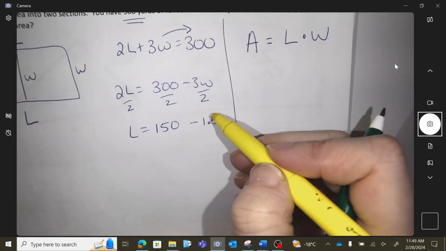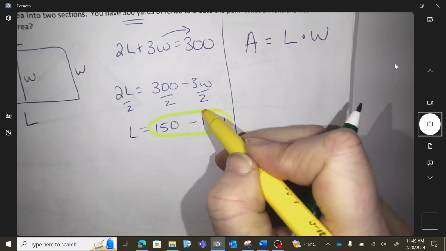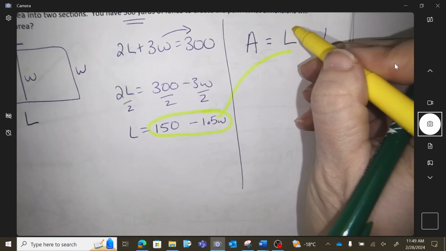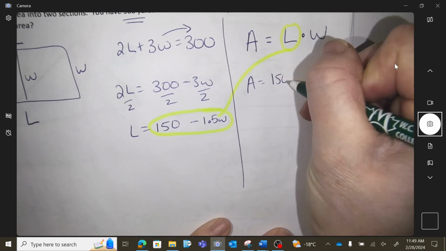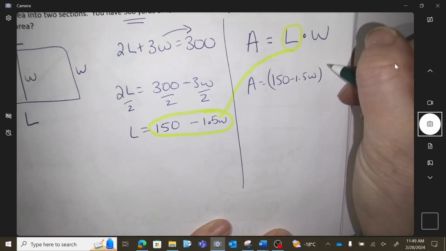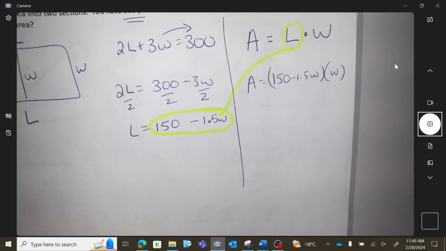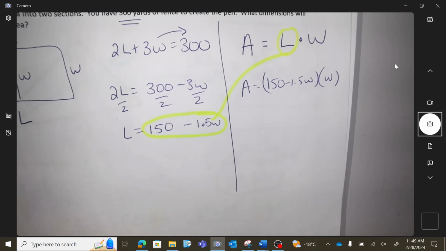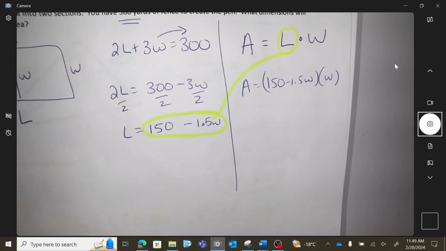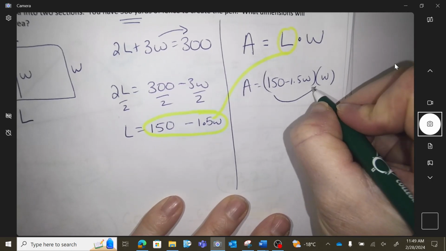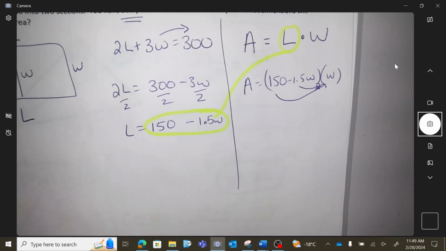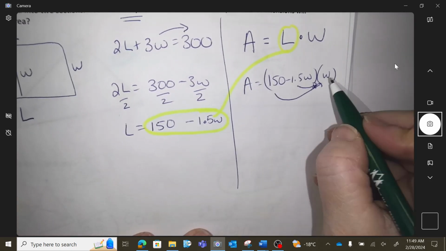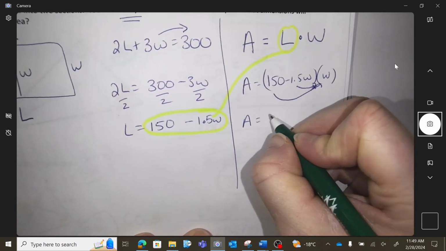So I'm going to substitute that for the L. So now you kind of do a FOIL process there again, but it's just a distribution, not a complete FOIL. So this times this times this.